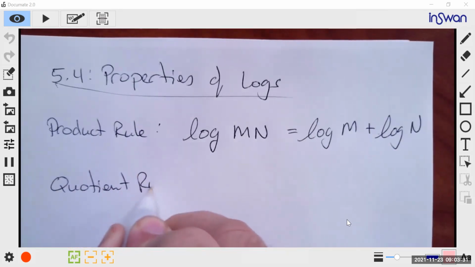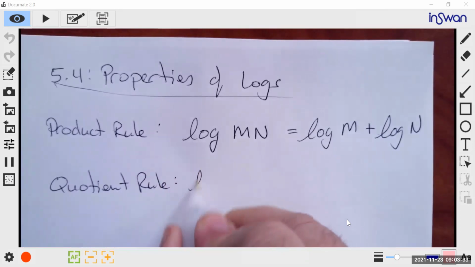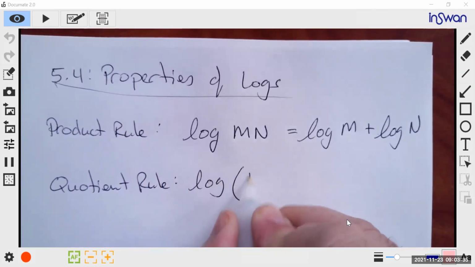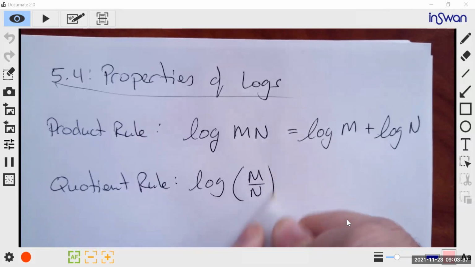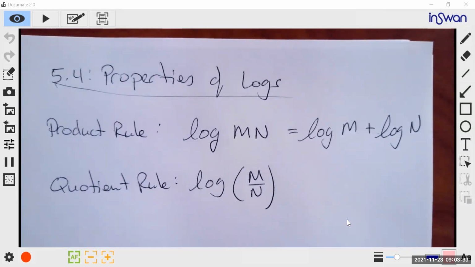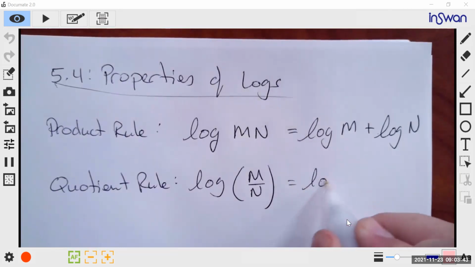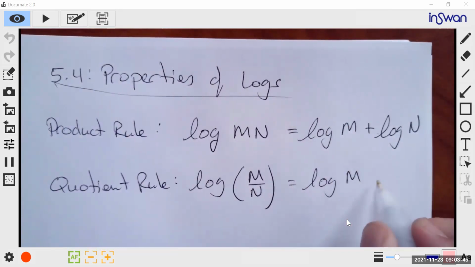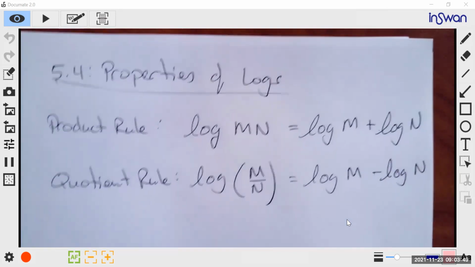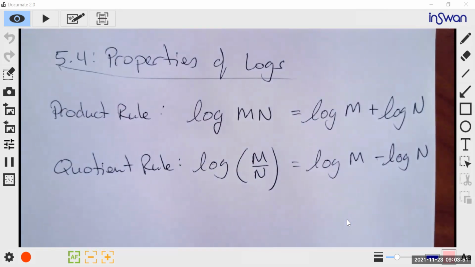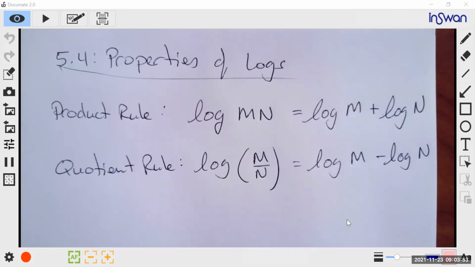The quotient rule. If I have a fraction of terms, then you subtract them. The top number minus the bottom number, the log of the top minus the log of the bottom.